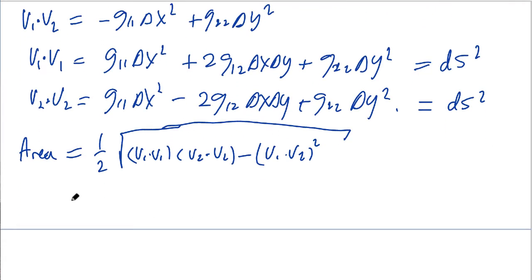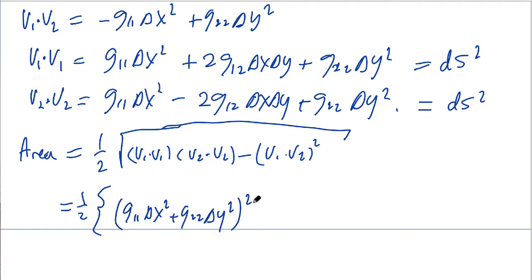All right, so that's equal to 1/2. And let's multiply this out. Let's group together the g11 delta x squared and g22 delta y squared terms in both of these factors. So we have g11 delta x squared plus g22 delta y squared, squared.